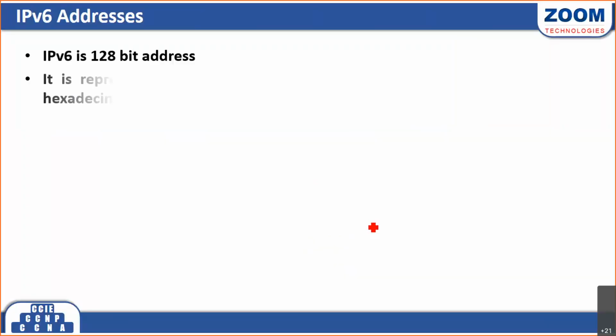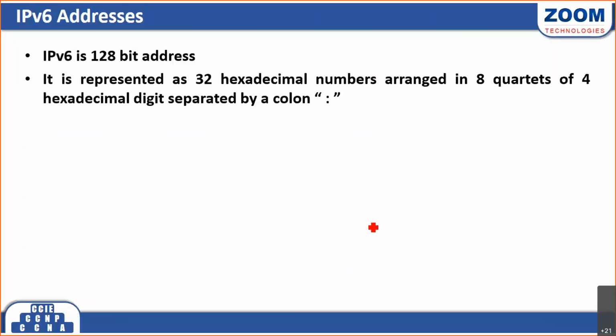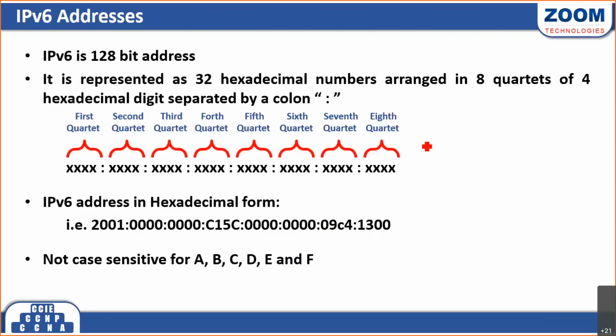IPv6 is 128 bits in hexadecimal format, in quartets. IPv6 is a 128-bit address represented as 32 hexadecimal numbers arranged in 8 quartets of 4 hexadecimal digits separated by colons. In hexadecimals, A, B, C, D, E, F are not case sensitive; we can use uppercase or lowercase. This is an example of an IPv6 address.